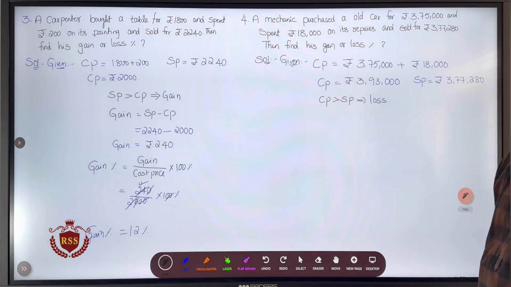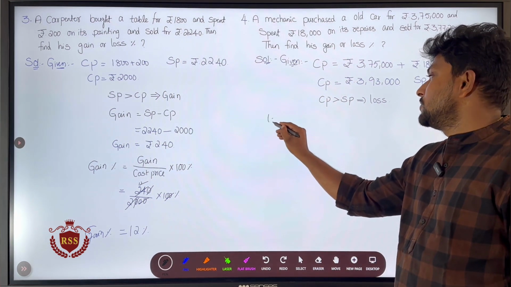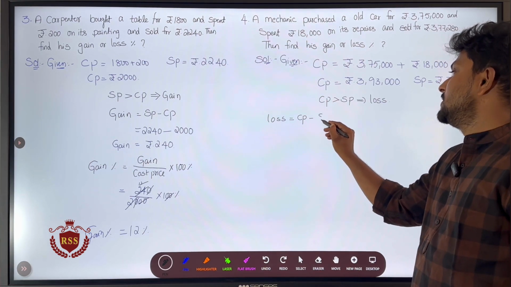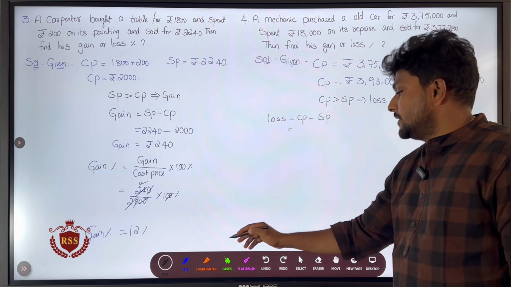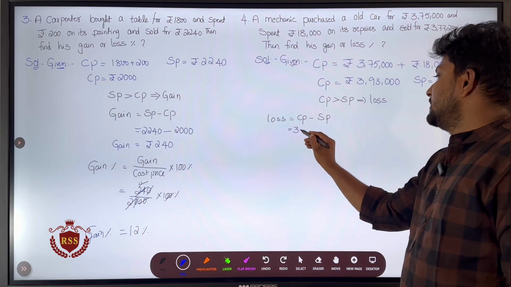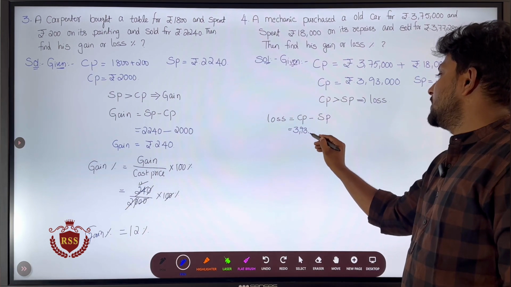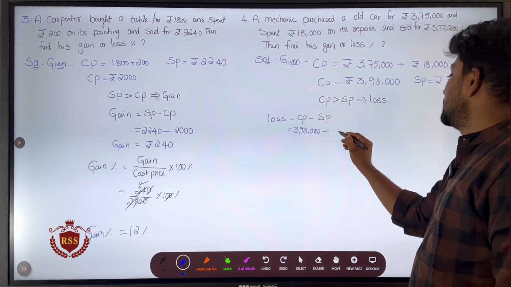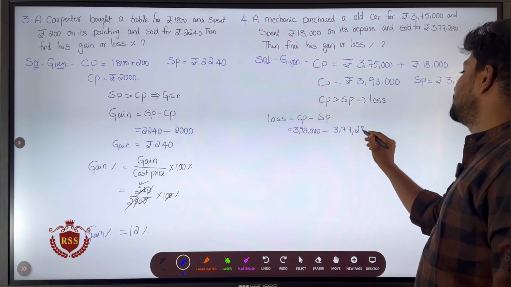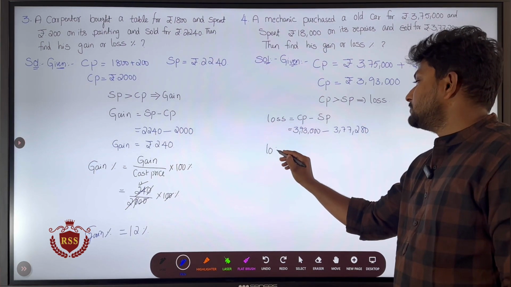So first of all we need to find the loss. How much loss did we get here? Loss equals cost price minus selling price. What is the cost price? 3,93,000 minus 3,77,280. Find the loss.